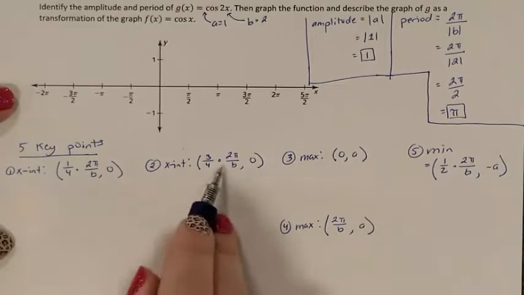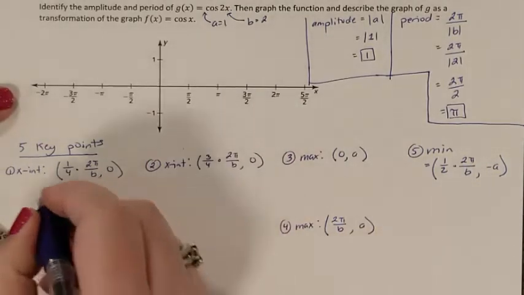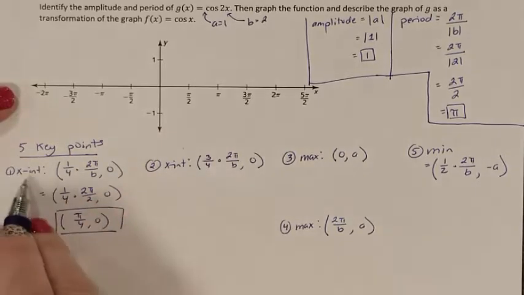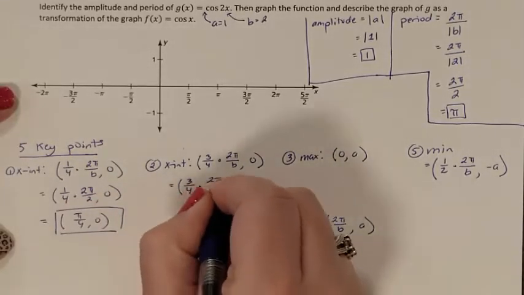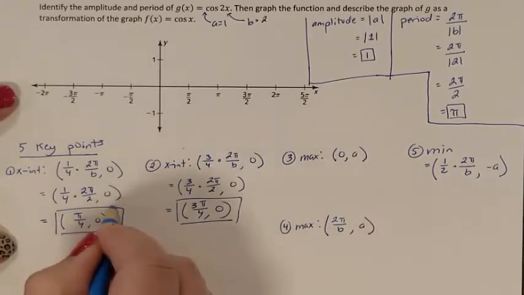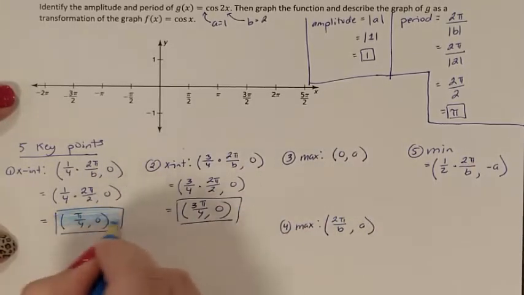So our x-intercepts require b. b is 2. X-intercept number 1. X-intercept number 2. So here are my 2 x-intercepts.